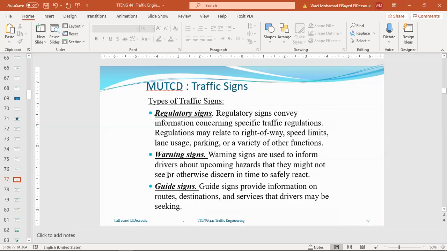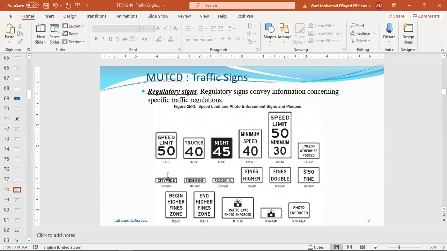These are law. If you violate a regulatory sign, you get a citation. For example, say speed limit 50 miles per hour. You must fulfill this number. If you violate this sign, then you are in trouble. This is part of the law. That's enforcement.